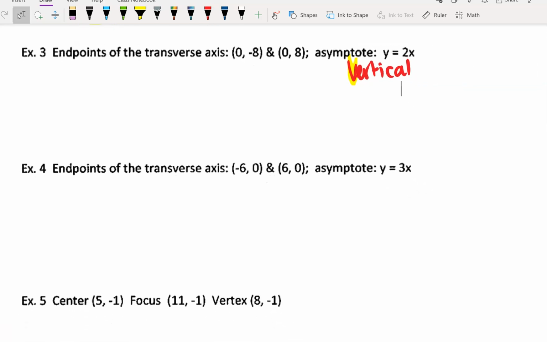And if it's helpful to visualize, we can always draw a picture. 0, -8, so way down here somewhere, 0, +8, way up here somewhere. And those are going to be the endpoints of the transverse axis, which is just another fancy way of saying that those are your vertices, which means our a value is going to be 8.